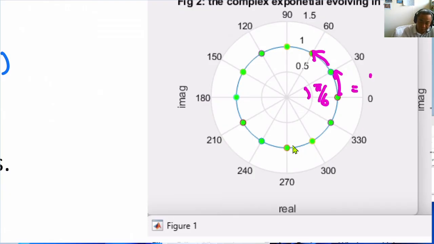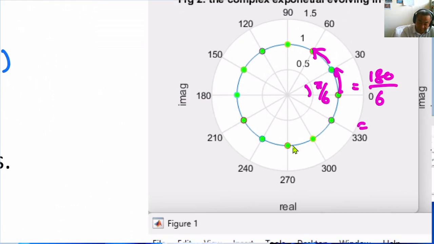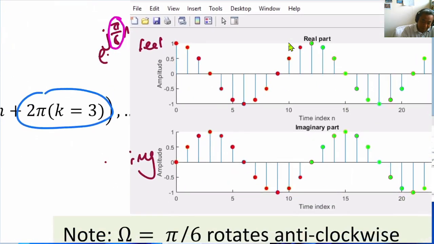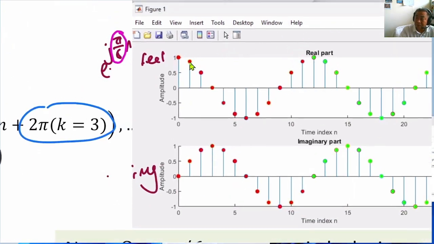Pi is equal to 180 degrees, divided by 6, and therefore this is 30 degrees. So you'll see that it moves by 30 degrees each time. This is one way to see it. The other way, of course, to see it is here. Each sample is 30 degrees. So in the cosine, when you move by 3 samples, 1 sample, 2 samples, 3 samples, you reach 90 degrees.